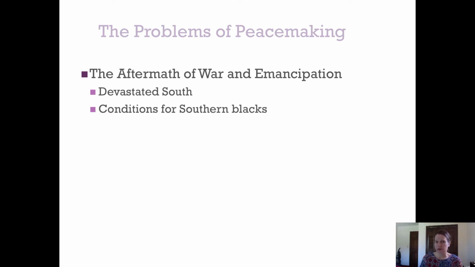The conditions for Southern blacks also changed. One of the things that is interesting that often gets overlooked is the number of slaves that were freed, essentially with the stroke of a pen, by the time it's all said and done. Not to discredit all the lives that were lost, but you've got 4 million freed slaves. When you have that many people that are now free and they don't know what else to do, they're going to have to find their way in the world.